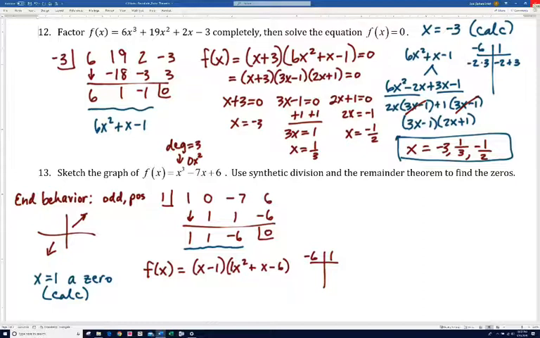Since this is a 1x squared, we can take the shortcut here. We don't have to split our b term. The numbers that work are -2 and 3. So we get x minus 1 times x minus 2 times x plus 3. So our zeros are 1, 2, and -3.